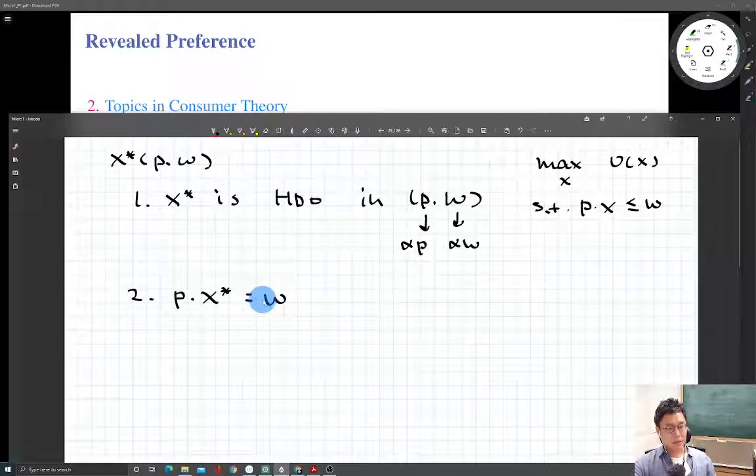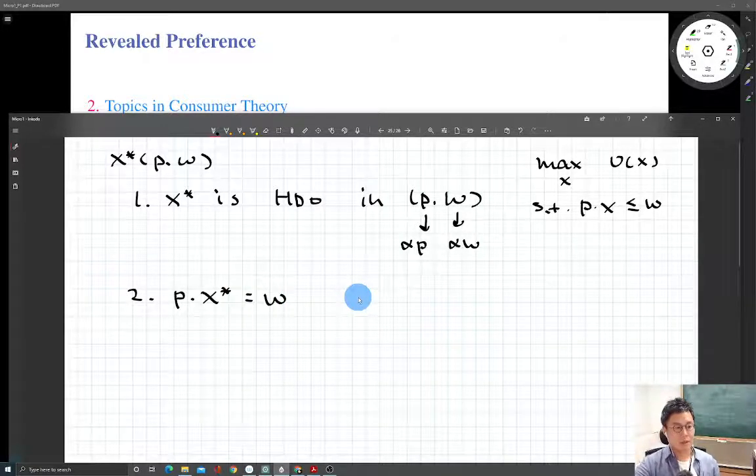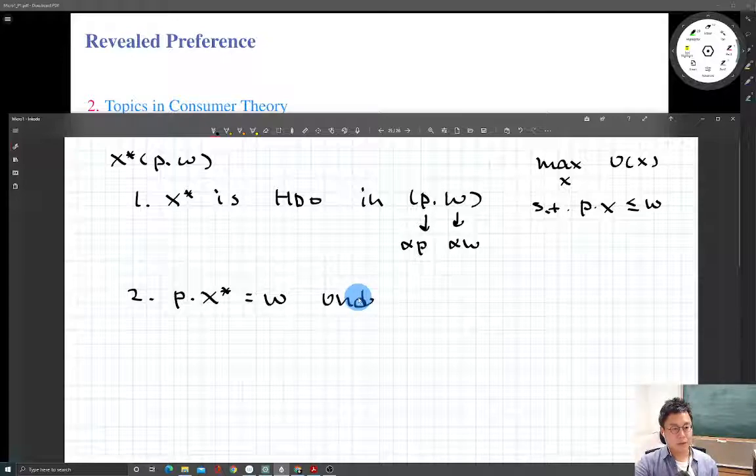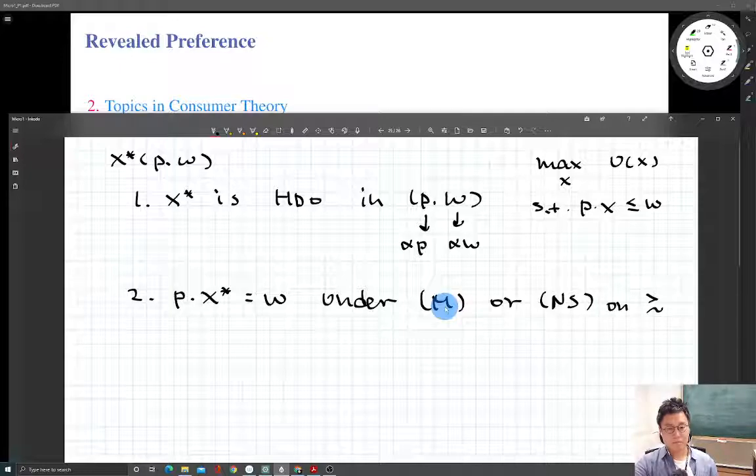And that is a very simple result from the assumption we made on the preference relation. Under either the monotonicity condition or a little bit weaker condition than this, the local non-satiation assumption, we could make sure that Walras' law is indeed satisfied.